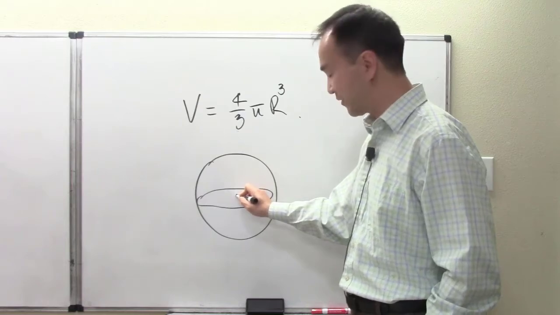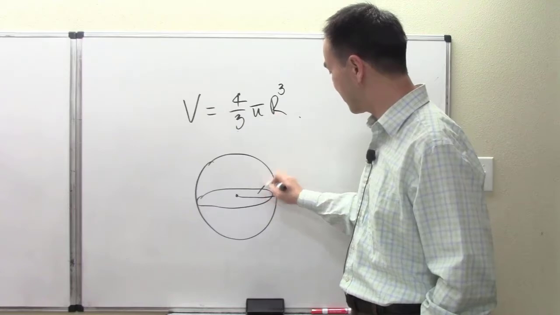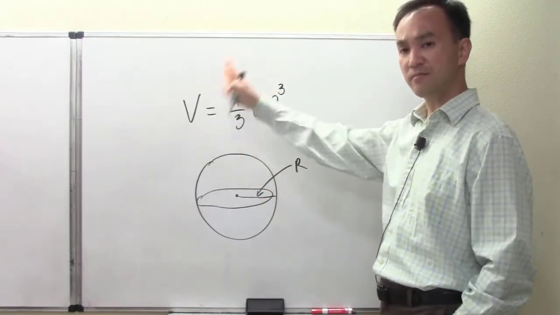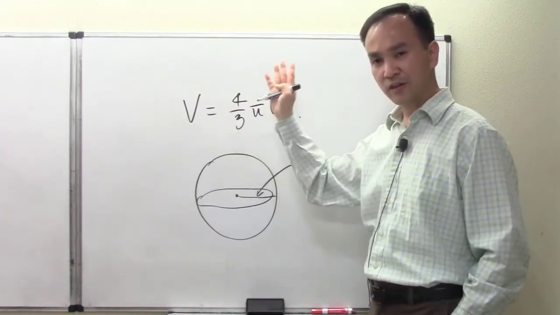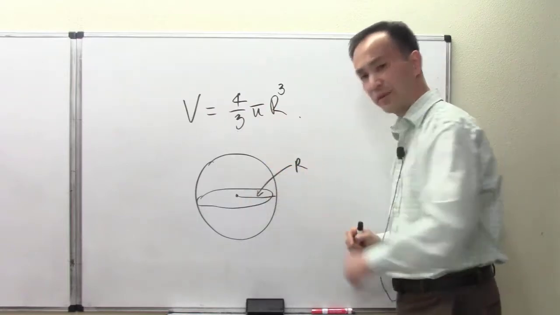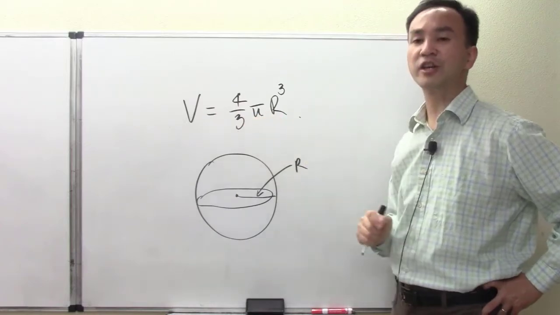From the center of the sphere out to the sphere surface, that's what the radius is. So this length right here is called the radius. This is the formula for the volume of any sphere at any given radius: volume equals 4/3 pi times r cubed.